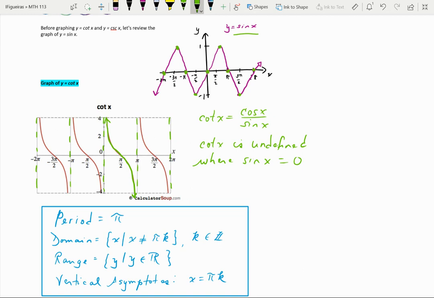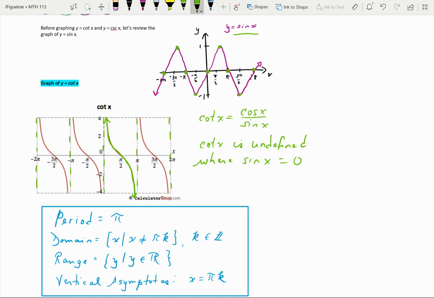The domain is all real numbers except every pi units. Now this one's a little bit easier to write than the ones above, because every pi units can be written as x cannot be equal to pi k, where k is again an integer, and your integers are the numbers -3, -2, -1, 0, 1, 2, 3, going on and on forever in both directions.